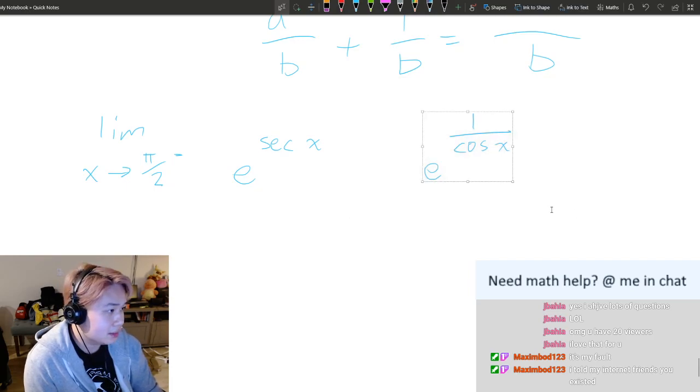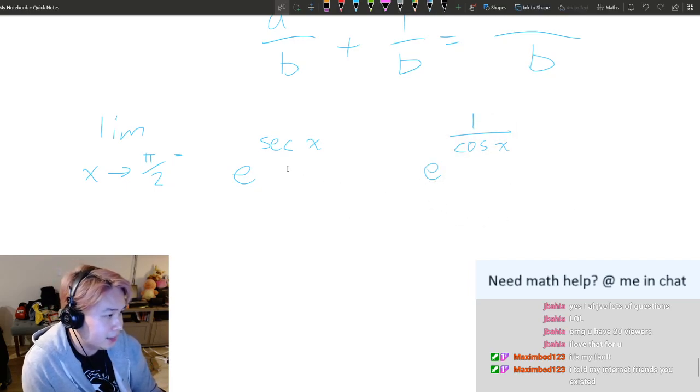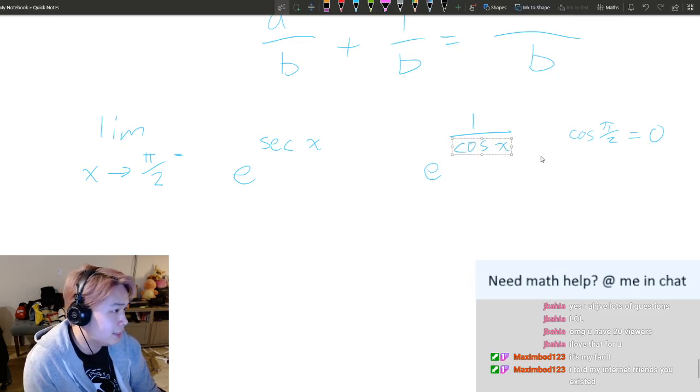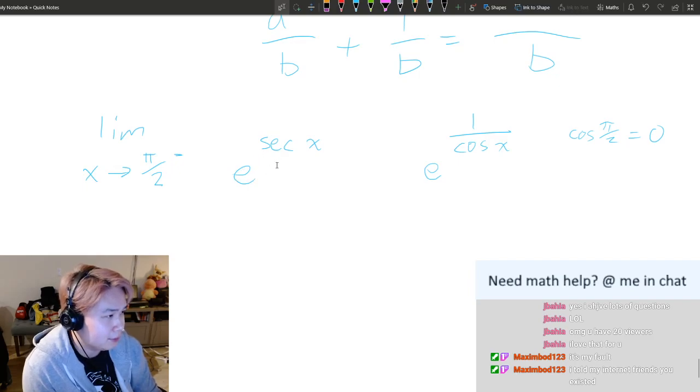So I'm just doing a quick analysis right now because I'm not entirely sure what the strategy is going to be. I know secant is 1 over cosine, and I know that cosine of pi over 2 is 0. So we have this issue of dividing by 0, and I don't even know if there's anything like simplifying we can do.